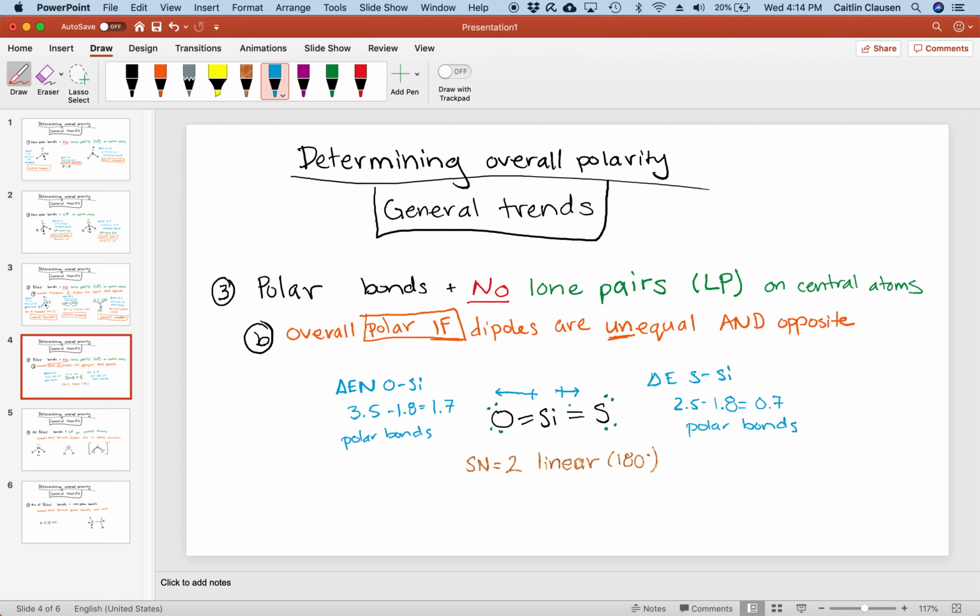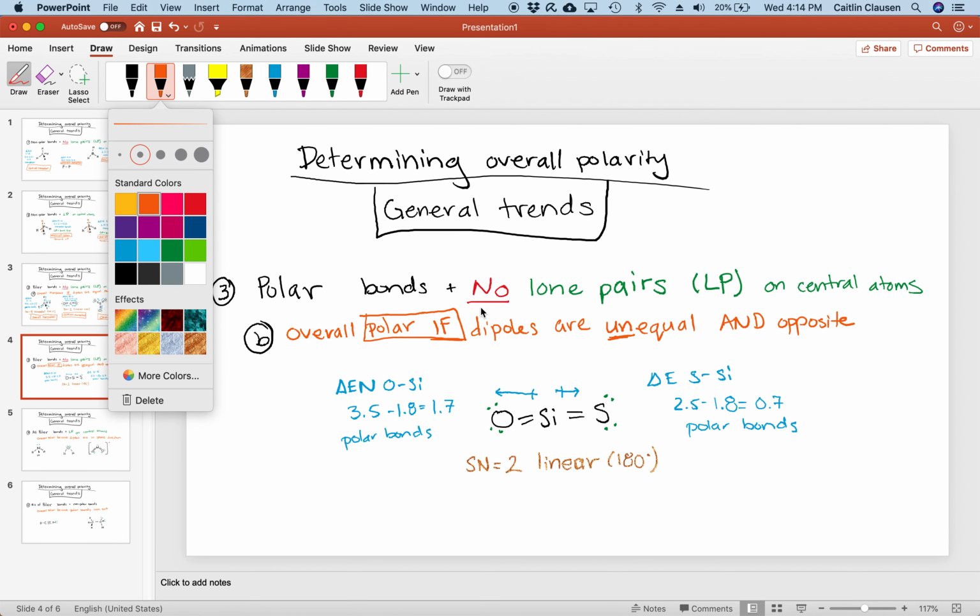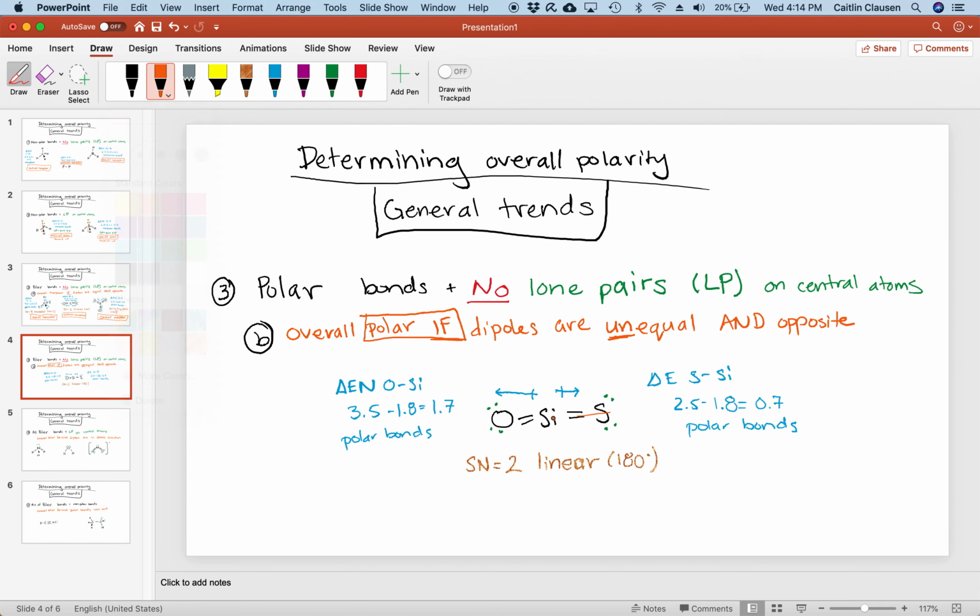The vector of silicon to sulfur only cancels out 0.7 of the vector from silicon to oxygen, so there is an overall slight polarity towards the oxygen. Again, these are unequal and opposite polar bonds.